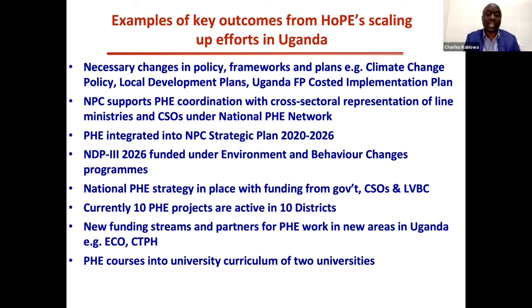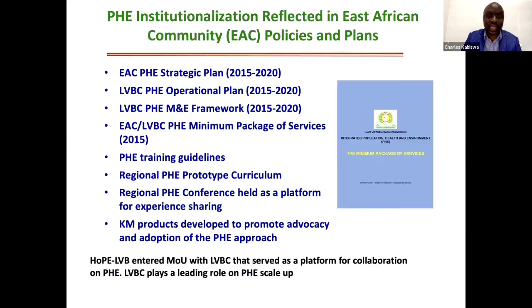There are a number of PHE projects in Uganda that are active in over 10 districts, and a lot of new funding streams have been registered to work on population, health and environment in new areas in Uganda, as well as two universities who have started courses on population, health and environment in Uganda.